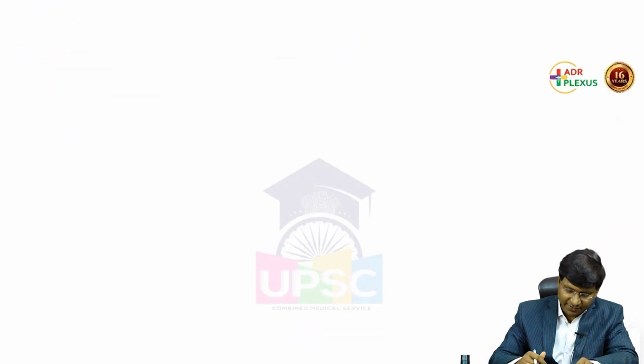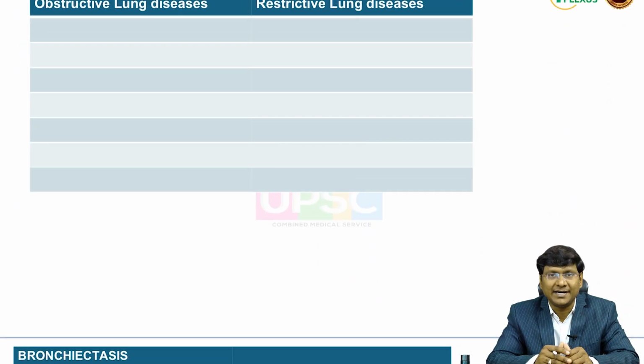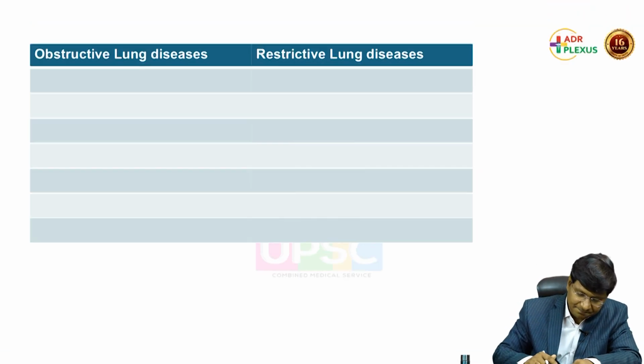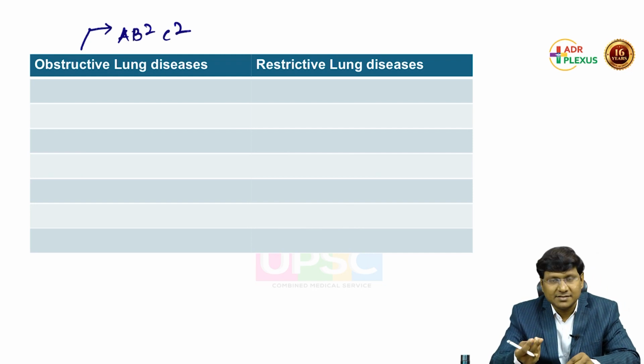Now, let me give you the examples of the various obstructive and restrictive lung diseases. For the obstructive lung diseases, please remember the mnemonic A, B square, C square, right? In the sense of disorders with B 2 times and disorders with C 2 times.